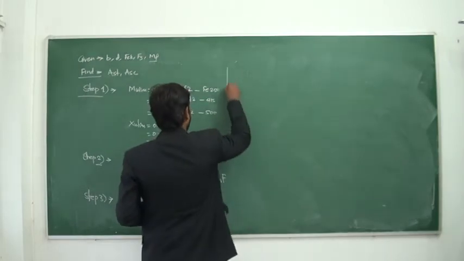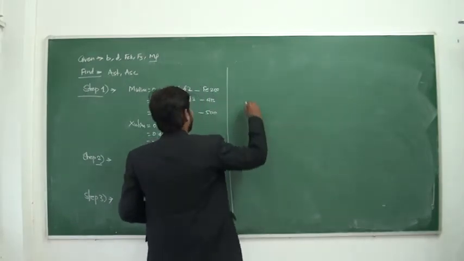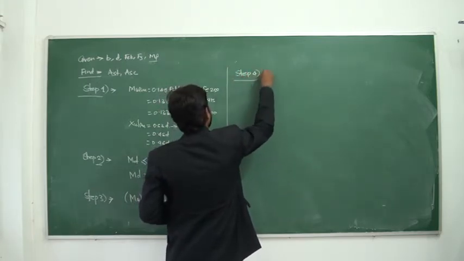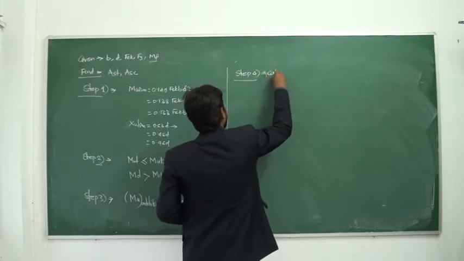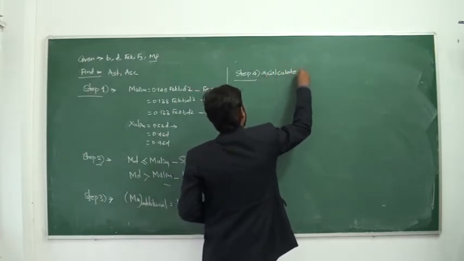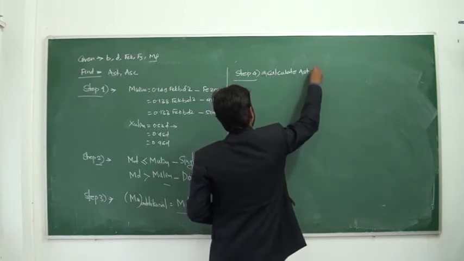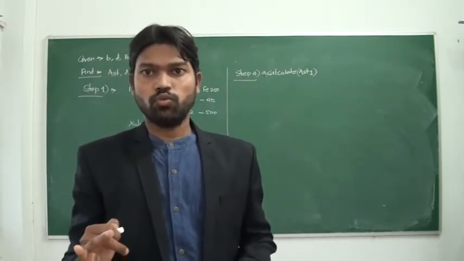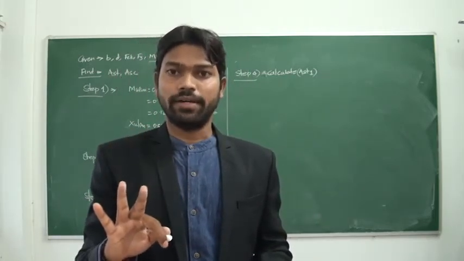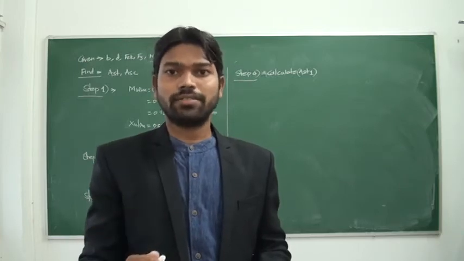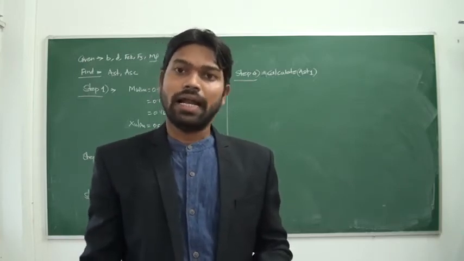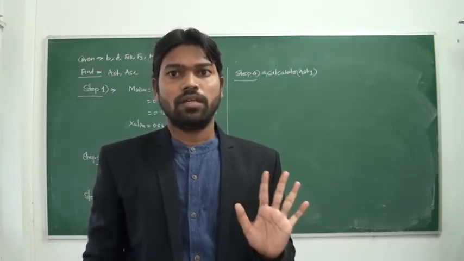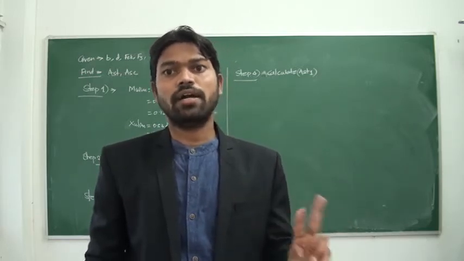Then step number 4: you have to calculate Ast1, Ast2 and Asc. These three values you have to calculate. Then you have to calculate total Ast by adding Ast1 plus Ast2. In the answer you have to mention two values, Asc and total Ast.